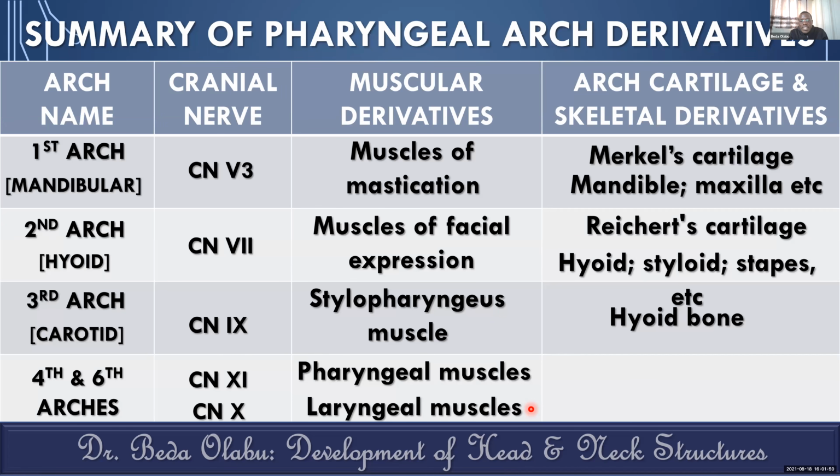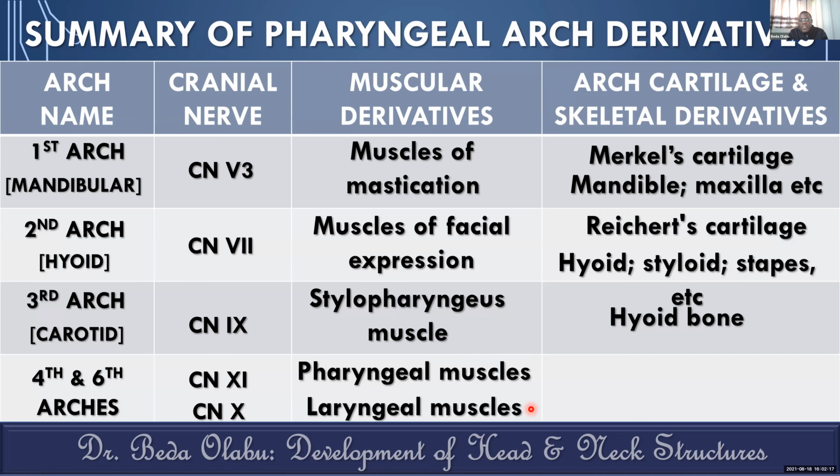So this intrinsic laryngeal musculature, they are the muscles of the larynx that either control the tension of the vocal cord, they control the opening of the glottis, and they control the entry into the larynx, the laryngeal inlet. Those are the intrinsic musculature of the larynx.